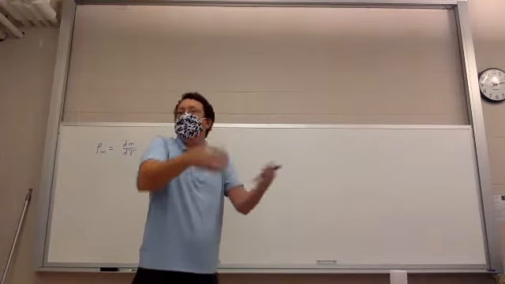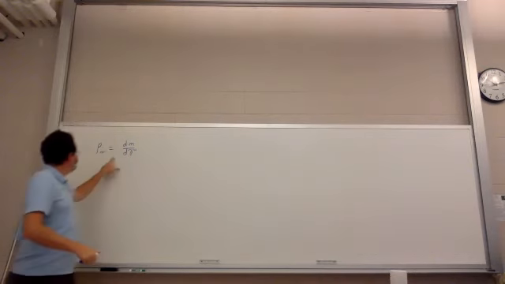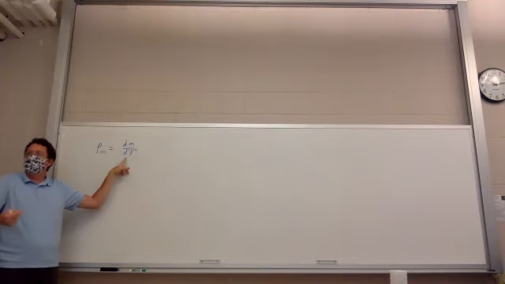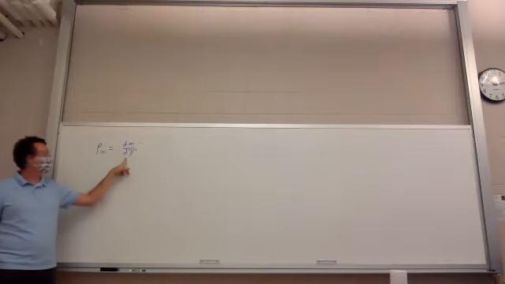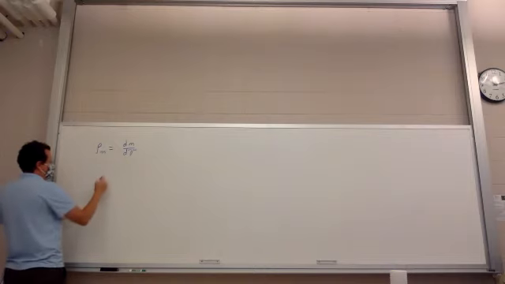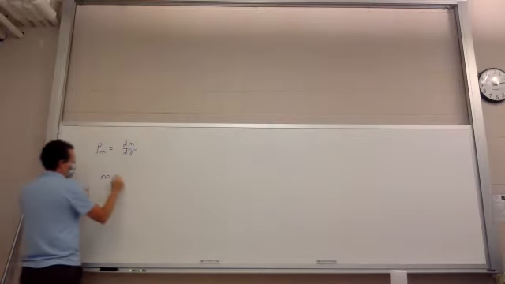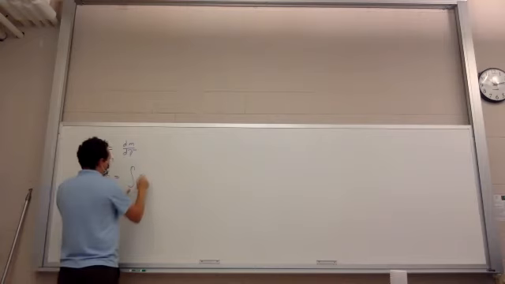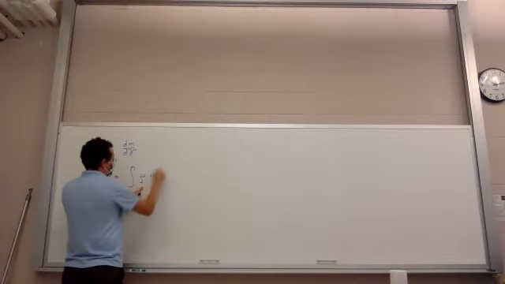You just kind of grow it bit by bit. So density is the rate of change with which the mass increases as you increase the volume. That kind of makes sense. And then we would turn that around and say the total mass is the integral of the density dV.